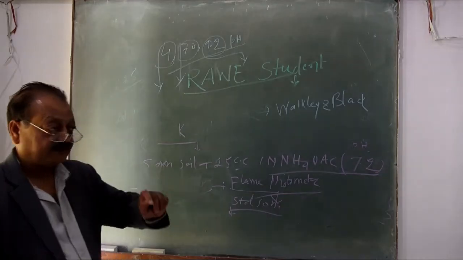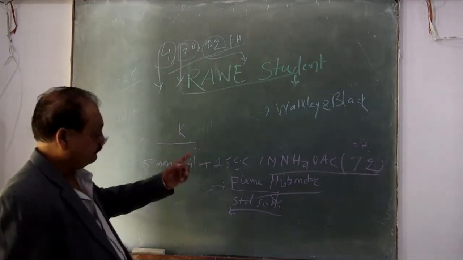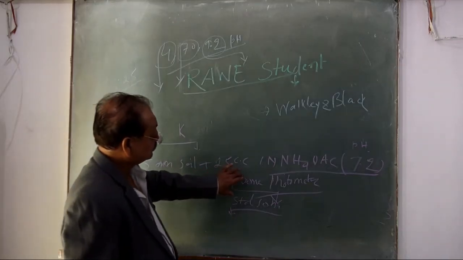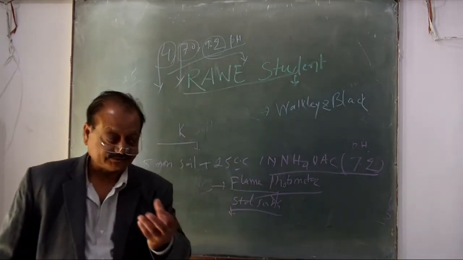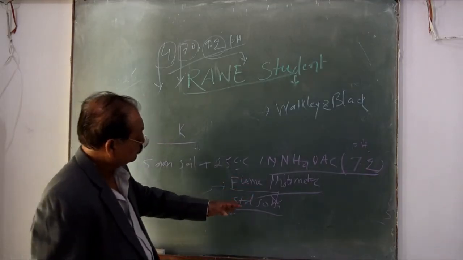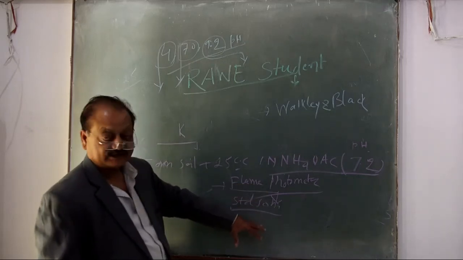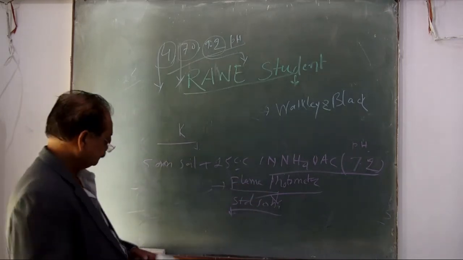Shake it for half an hour and filter it, and then take the reading of the filtrate. Before taking the reading, you have to calibrate your flame photometer with the help of standard solutions. Okay?